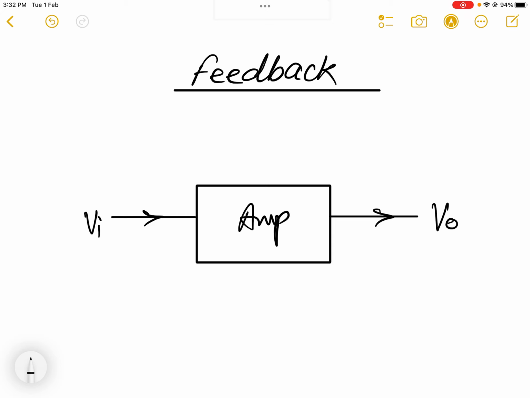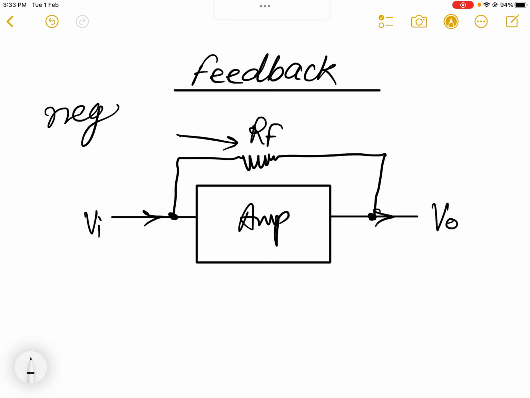Of course it is inverting amplifier, and if I connect one feedback over here like this by connecting one resistor, let that resistor value be RF, then this type of feedback is called negative feedback. Remember this point, it is very important for HSC board examination preparation. When we connect feedback in inverting amplifier, that feedback is known as negative feedback.